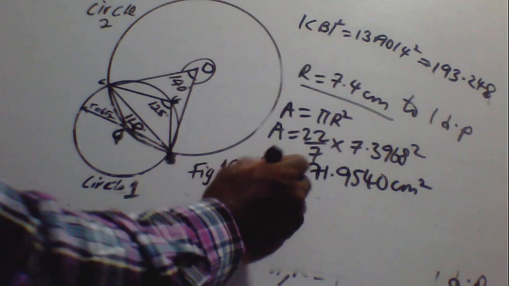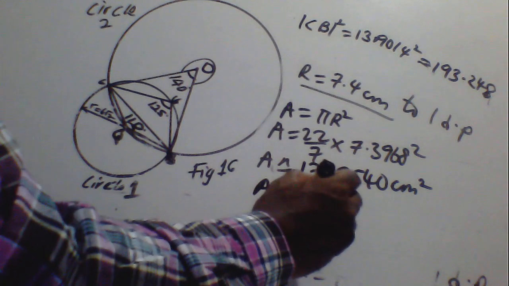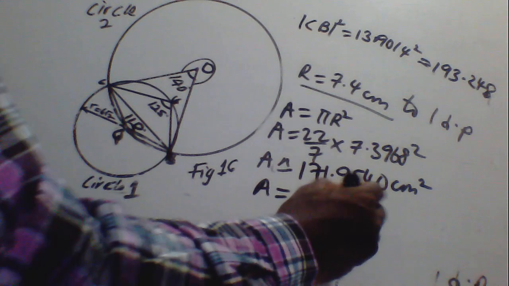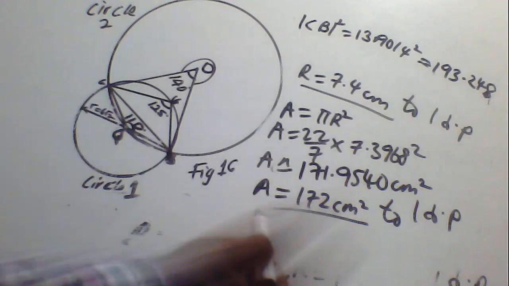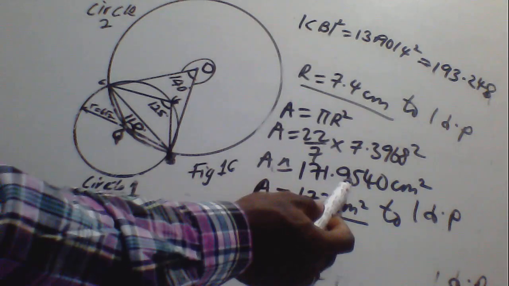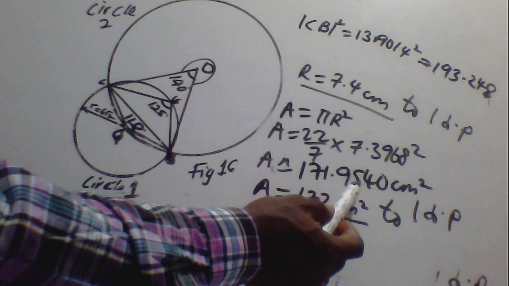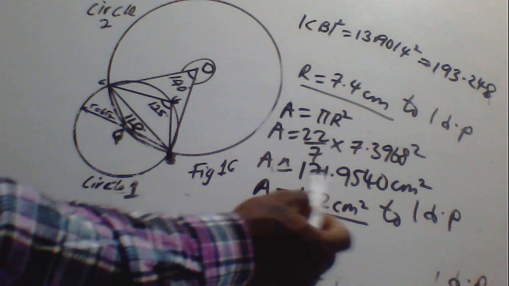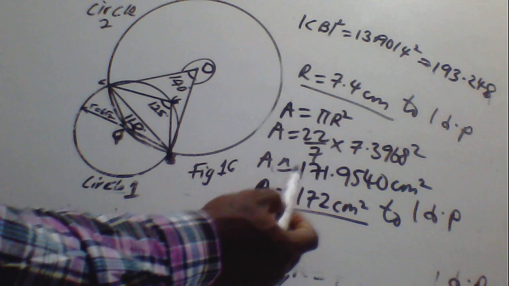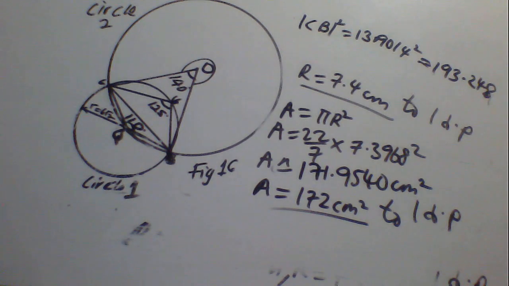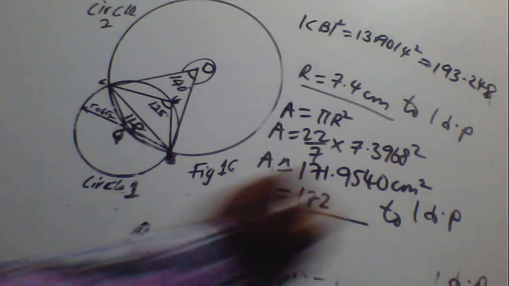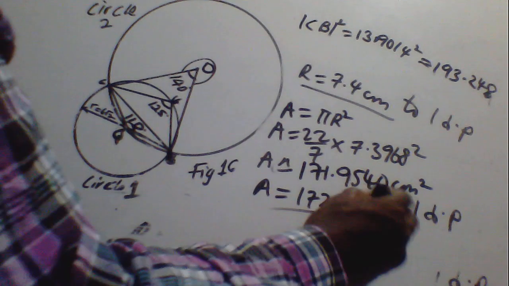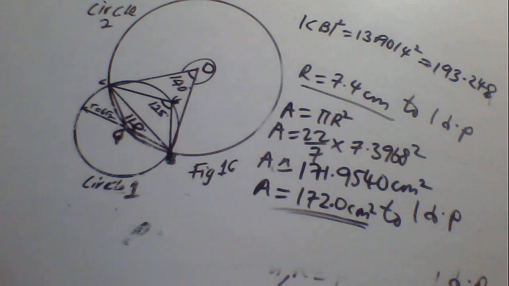To one decimal place, A is equal to 172 cm squared, because if you approximate it here, this is up to 5, it will move this to 10, giving us 172.0, and 172.0 is equal to 172. So either you write it like this or you put .0 cm squared. They are still the same.